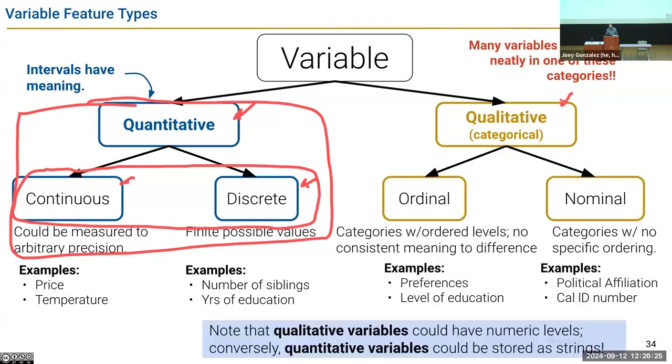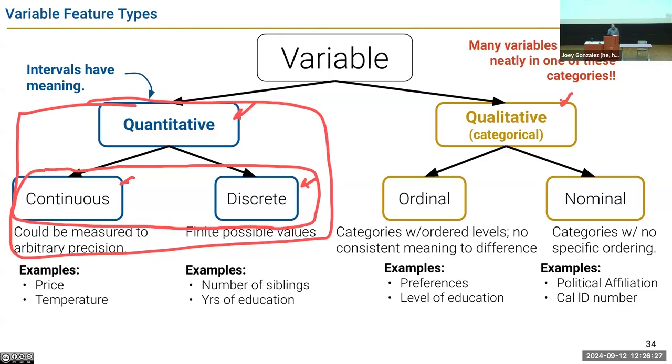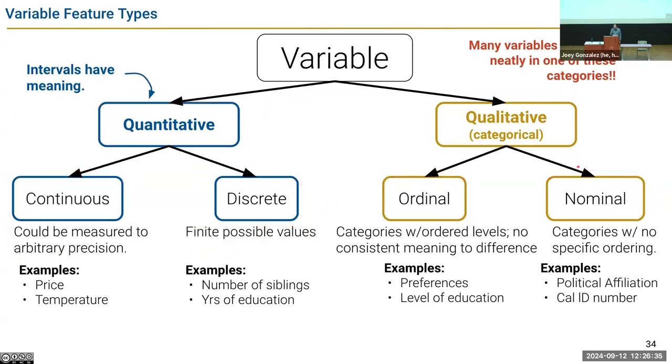So qualitative has two subtypes: ordinal and nominal. Let's talk about nominal first, because that's probably the easiest of all these types. So nominal, it's in the name. Names. Nominal is referring to names. Your name would be a nominal value.